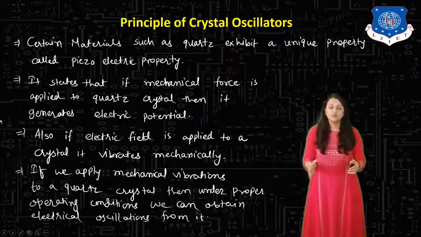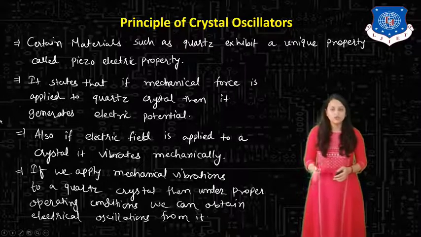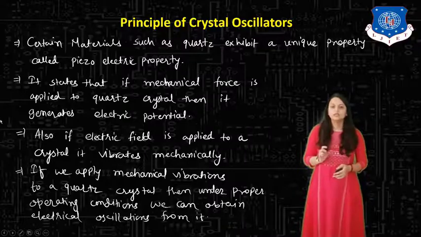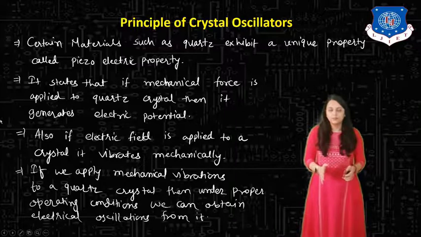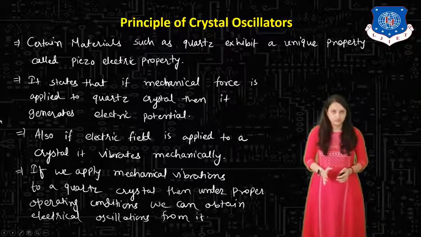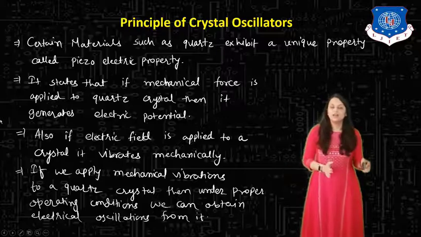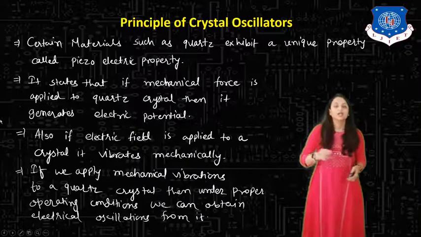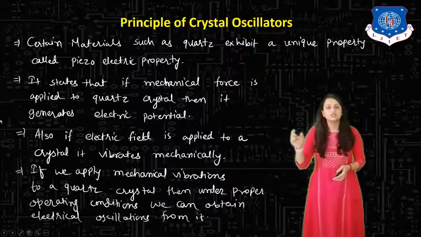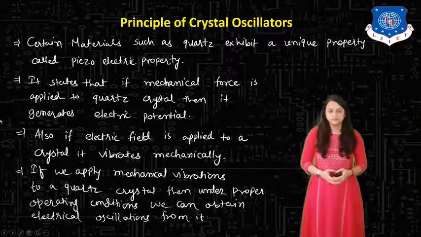So using this property, if we apply mechanical vibrations to a quartz crystal, then under proper operating conditions, we can obtain electrical oscillations from it. So we can have oscillations at the output side, and we can design oscillators using this crystal. Generally, quartz crystal is used widely.